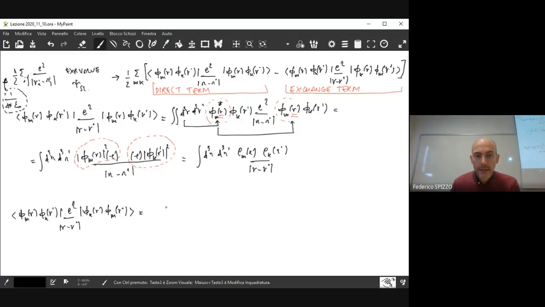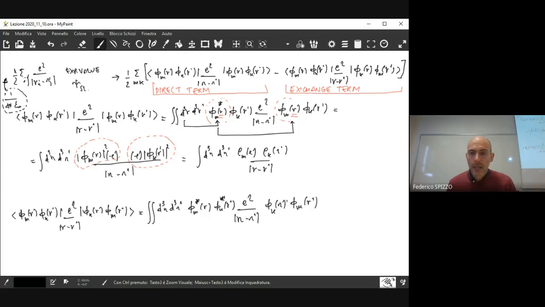If we write that, we have the double integral of d3r d3r prime of phi m conjugated of r, phi k conjugated of r prime, then e squared divided by |r minus r prime|, then phi k of r, phi m of r prime.